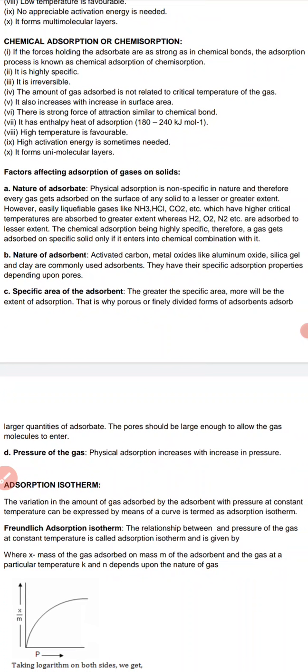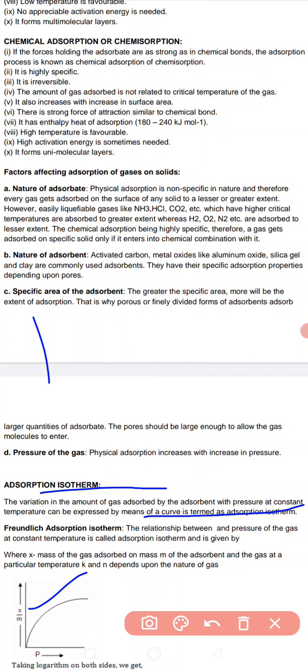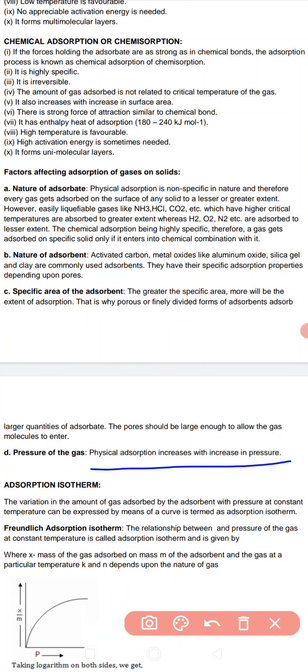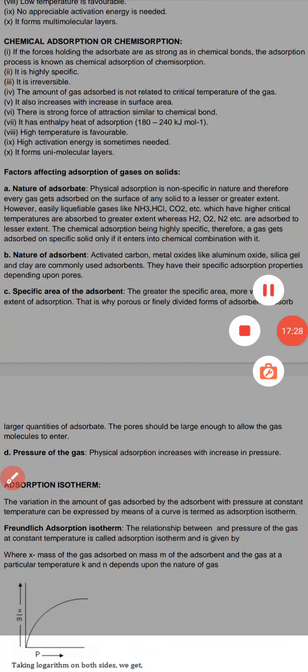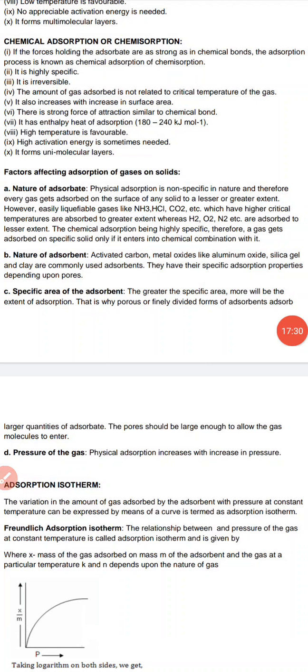Physical adsorption increases with the increase in pressure. Larger the pressure, larger is the extent of physical adsorption. So these are some of the factors.